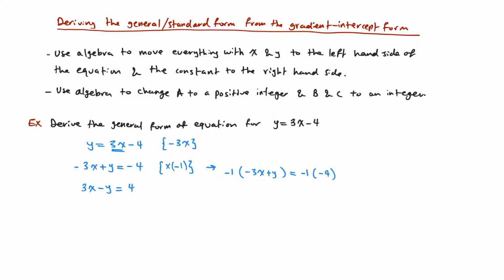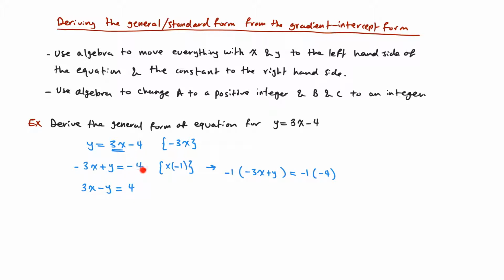So we need to make sure that the negative 1 is being multiplied by the whole expression on the left-hand side and not just the 3x. It's one of the most common mistakes that students just multiply the negative 1 by the negative 3 here and they get the 3x. They forget to multiply it by the y, so they leave this as a positive y.